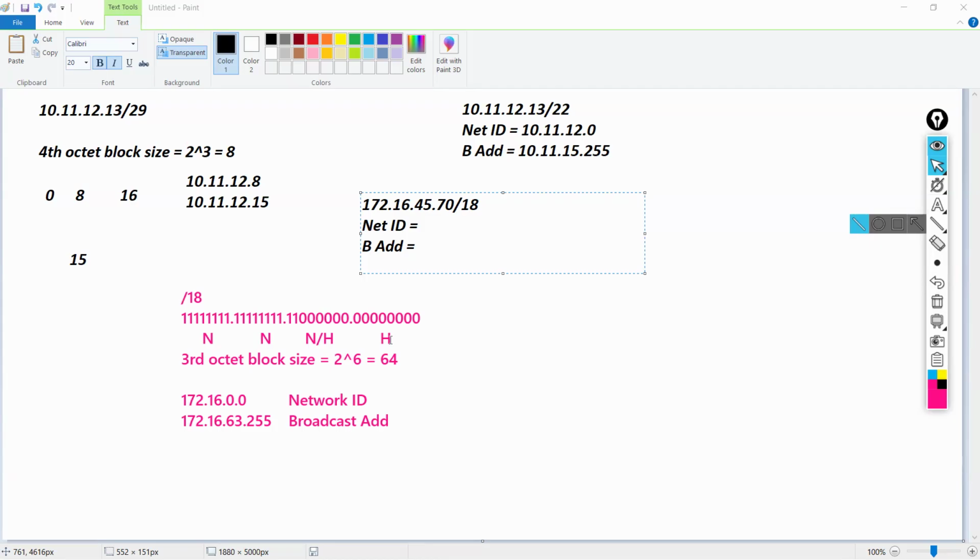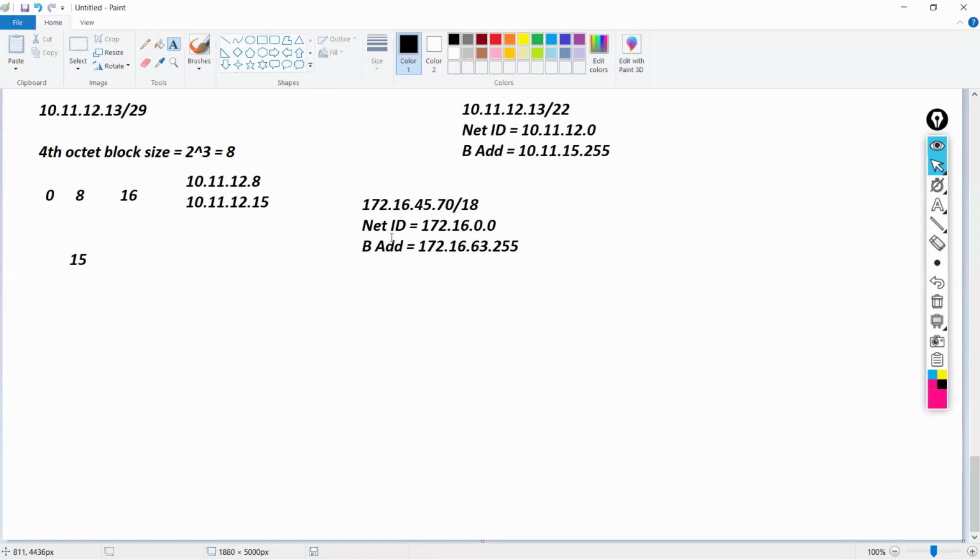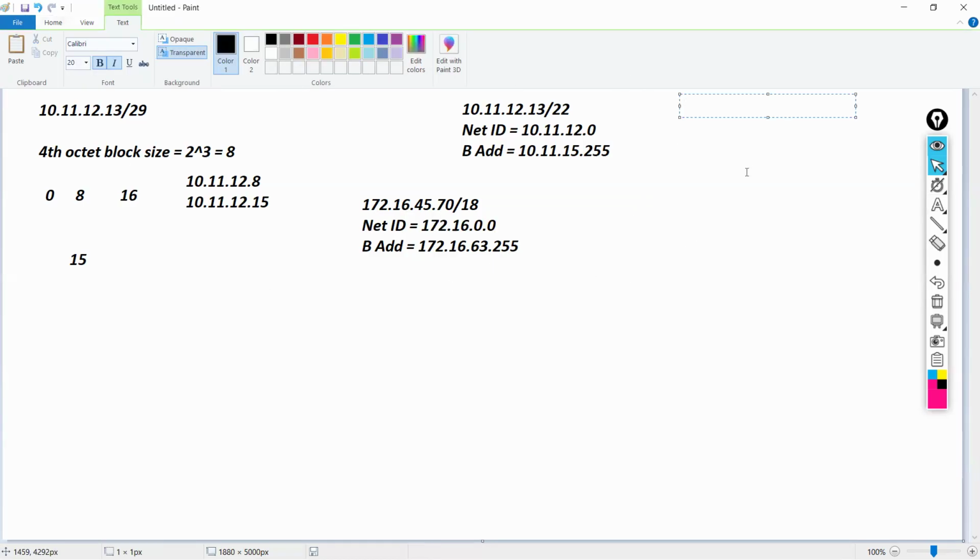But if you are asked about network ID and broadcast address, in that case, just the interesting octet. Okay. So here this is 172.16.0.0. Okay. Let's go with one more example.